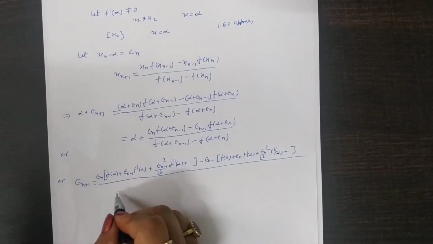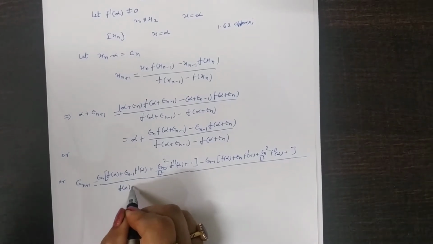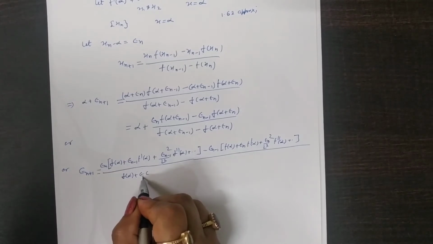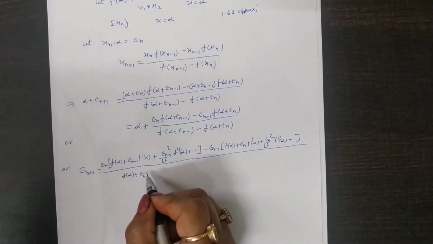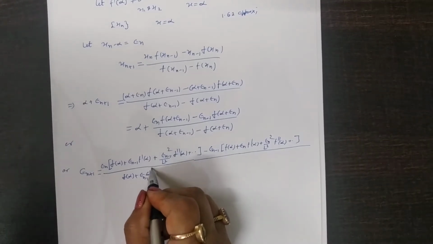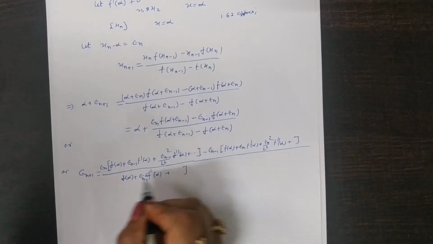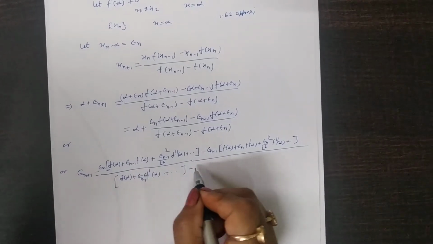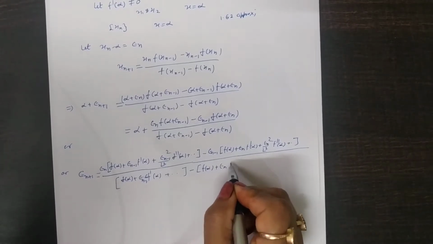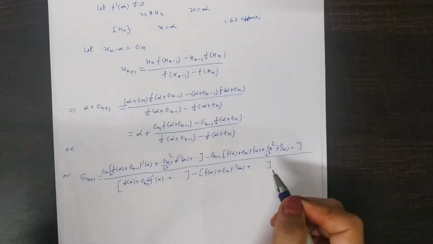In the denominator we also apply Taylor's theorem: f(alpha + epsilon(n-1)) minus f(alpha + epsilon n), with f' alpha and so on. Clear?